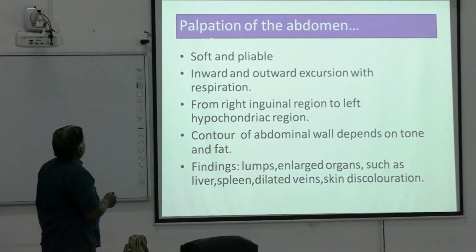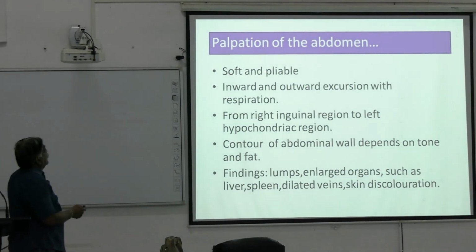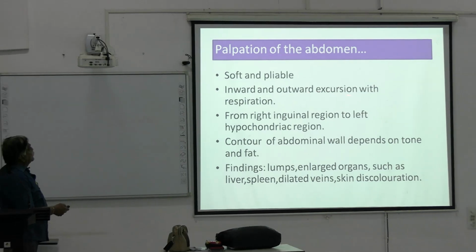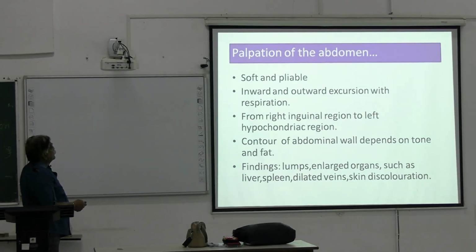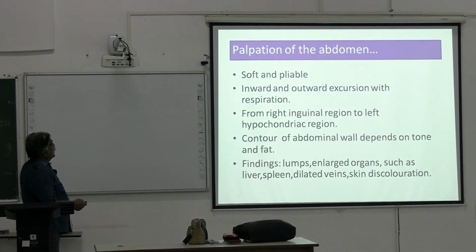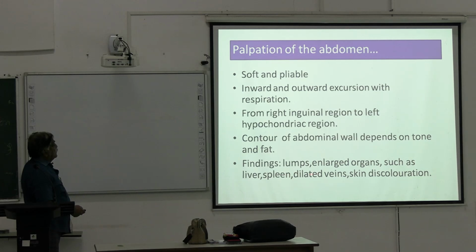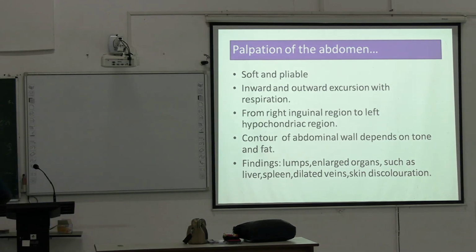Next. Now, palpation of the abdomen: soft and pliable, with inward and outward excursion with respiration from the right inguinal region to the left hypochondrial region. Contour of the abdominal wall depends on the tone and fat; look for lumps, large organs such as liver, spleen, dilated veins, skin discoloration. This is the clinical part.